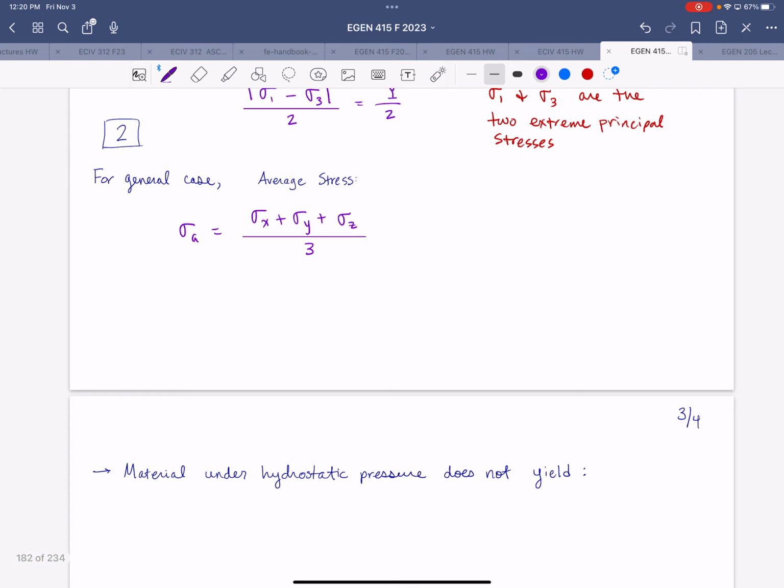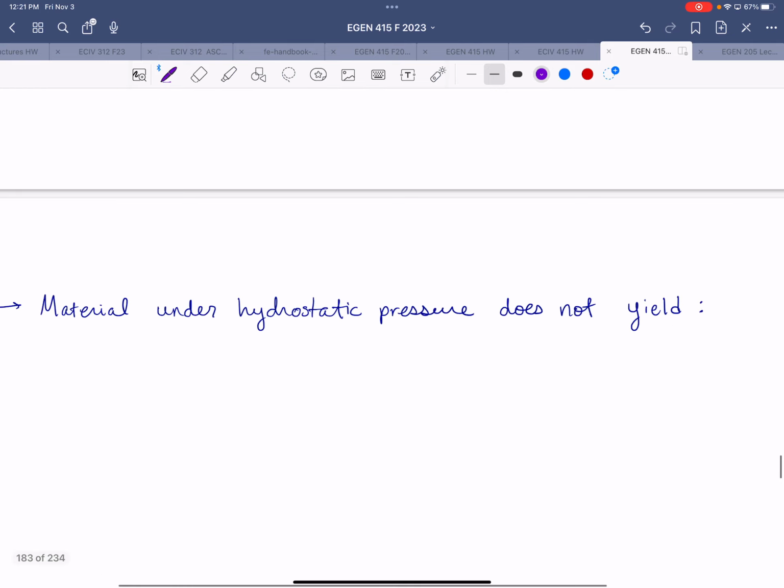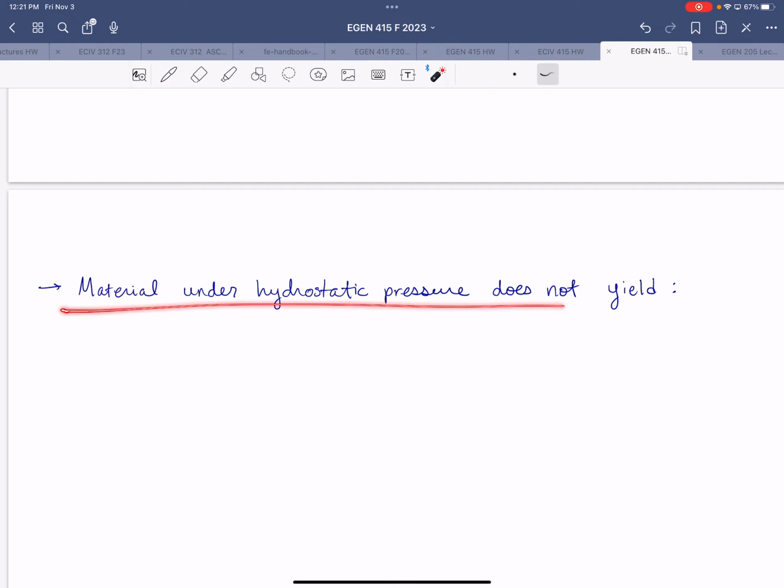So if we think about a material that is under hydrostatic pressure, that means that all of the normal stresses are equal. So there is a change in volume associated with hydrostatic pressure. And we're going to use the fact that a material under hydrostatic pressure does not yield.